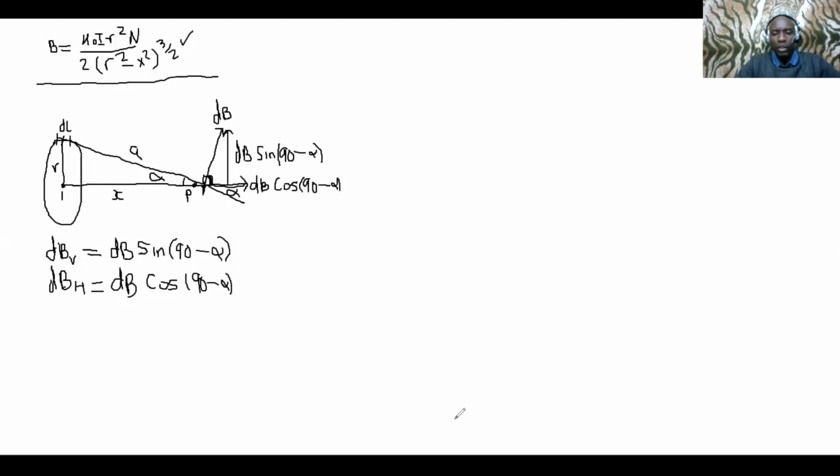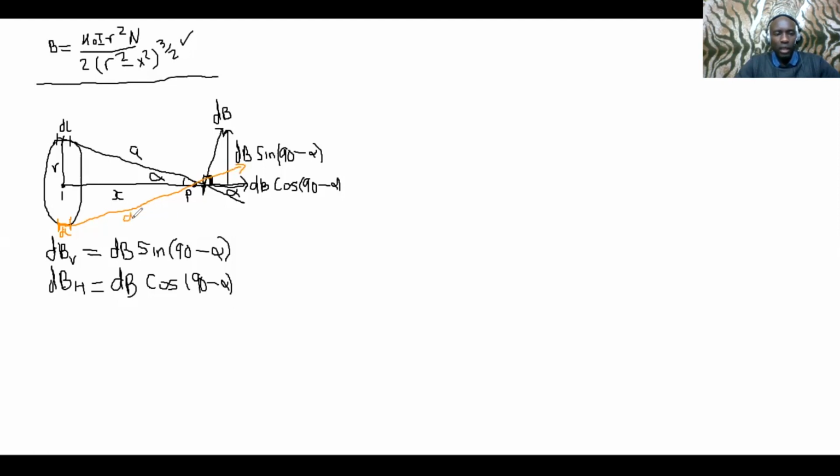Now we need to note something from the diagram we're having. Let us draw something. Now assume this is the component at the upper part of the circular coil, but there is a component on the other side, opposite to the one at the upper. We draw it here, also in yellow on the other side. Now we may draw a line joining the yellow and the point P like that. This is the line.